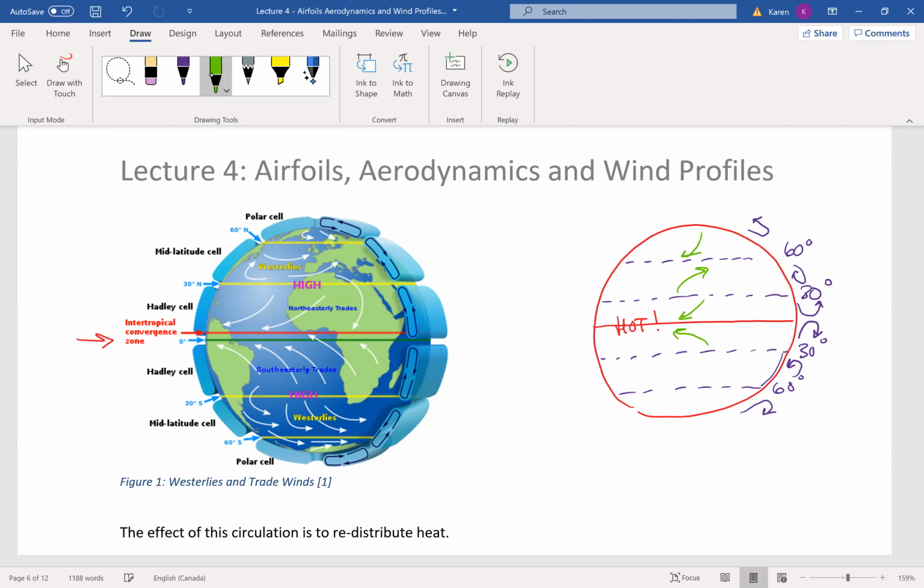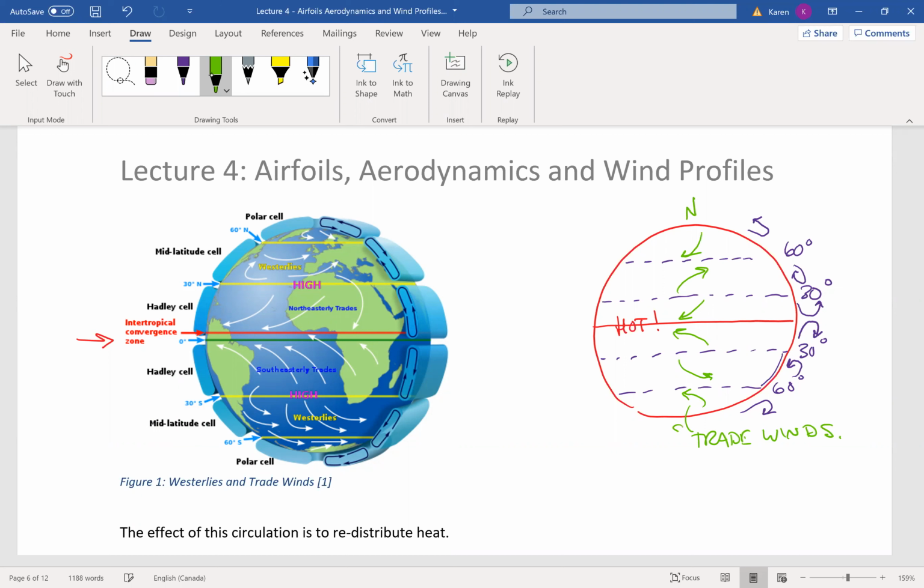This direction, and this direction again. So those are your trade winds. Which I don't really need you to know about, but it's really interesting.